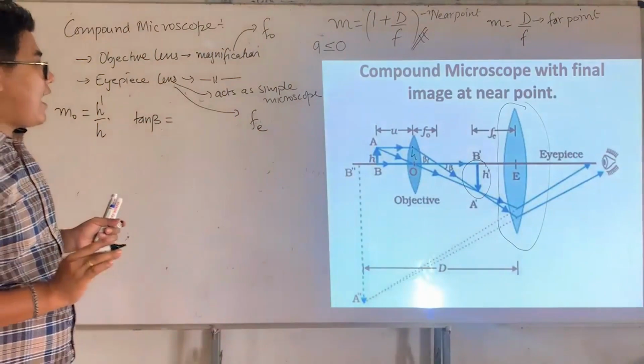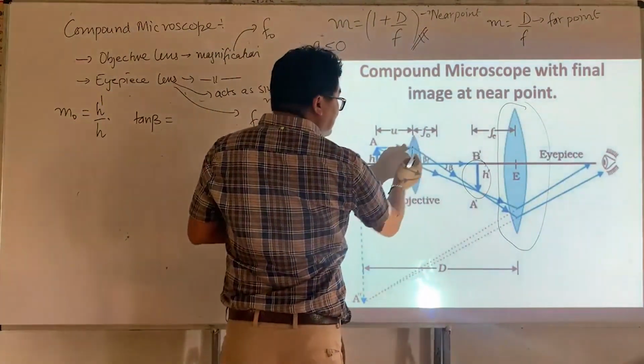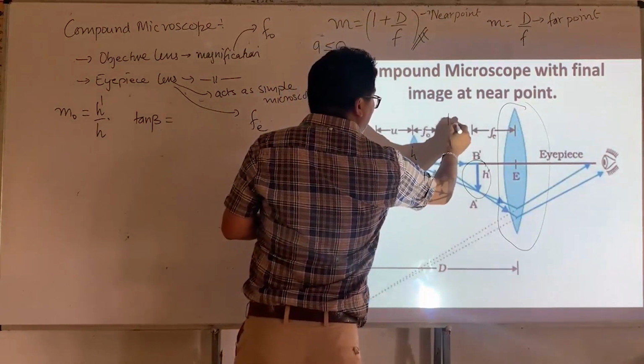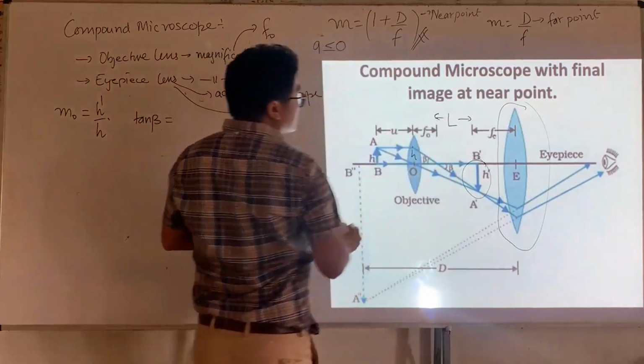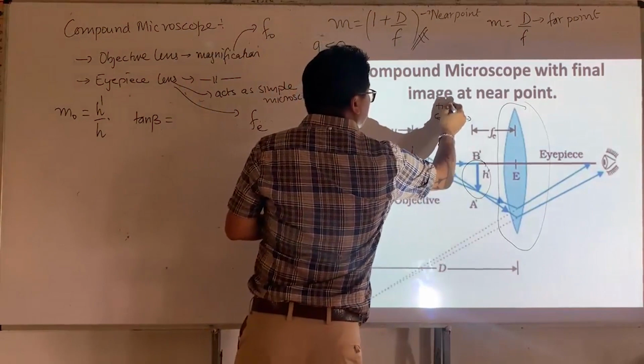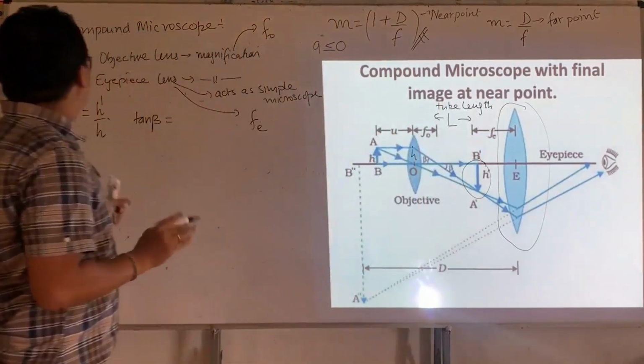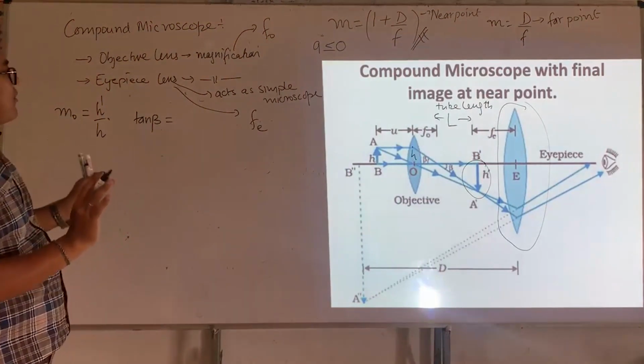Alright. And the distance between F naught and Fe is what we call L, which is called the tube length. So again, I'll make it very clear.